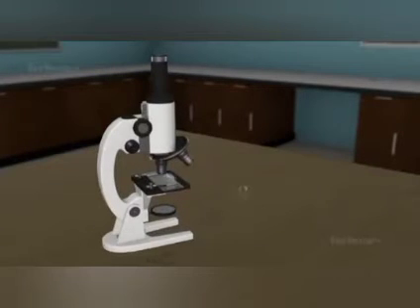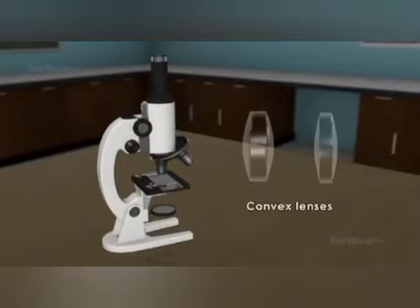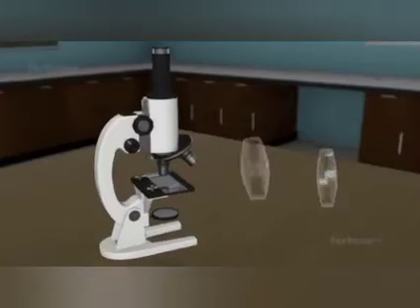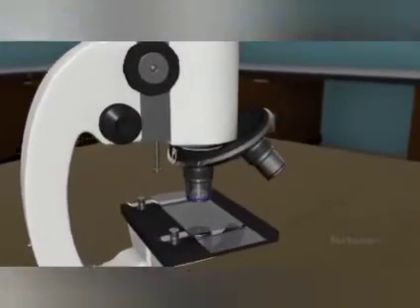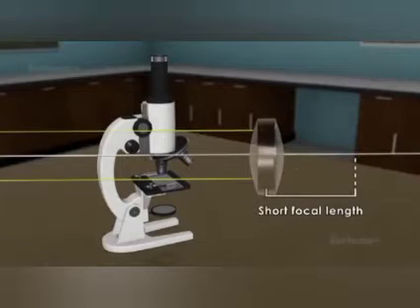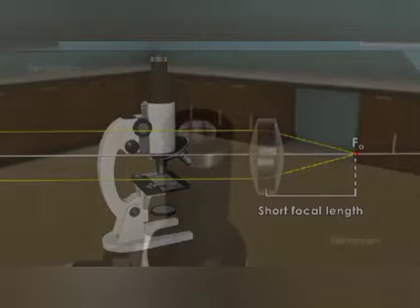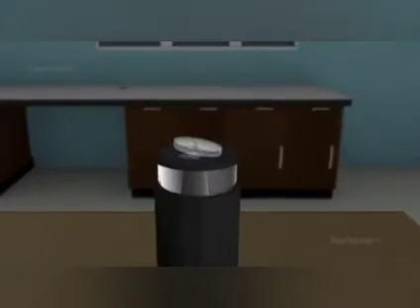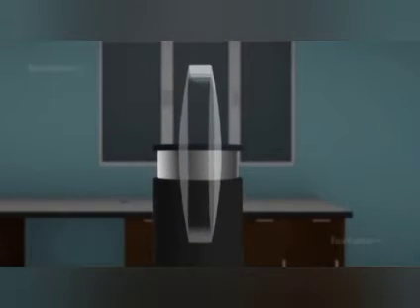The lenses are convex with different focal lengths. The lens closer to the object is the objective and has a short focal length, FO, usually below 1 centimeter. The lens nearer the eye is the eyepiece.